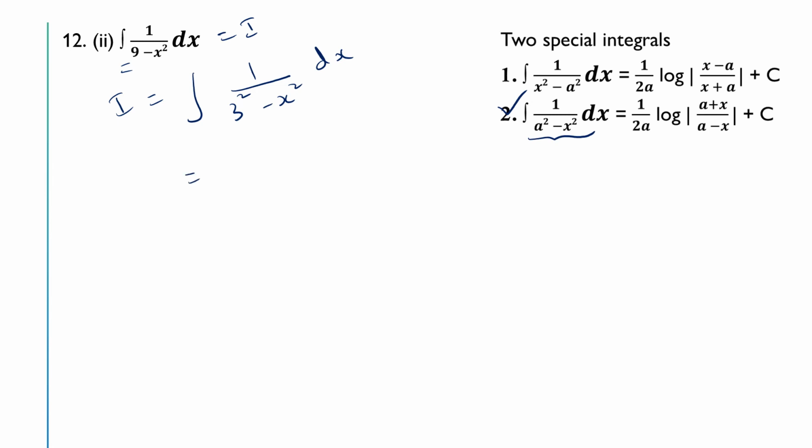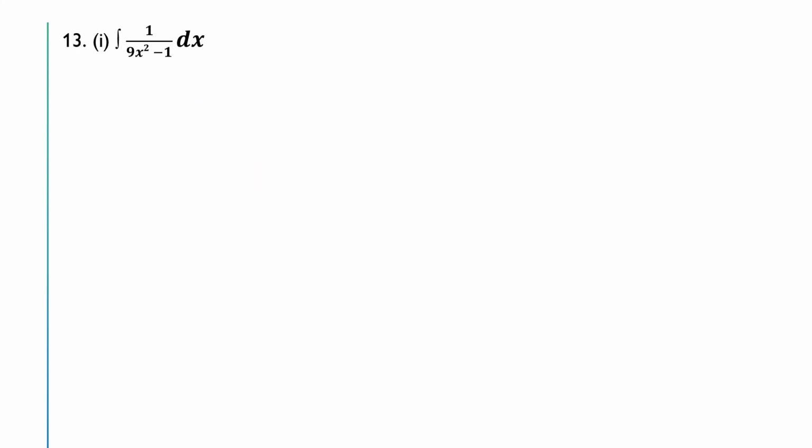So this is equal to 1 by 2a. Here a is 3. So 2a will be 6. So this is equal to 1 by 6 log mod a plus x is 3 plus x upon here 3 minus x plus c. The next question, integral 1 by 3 x square minus 1 into dx.